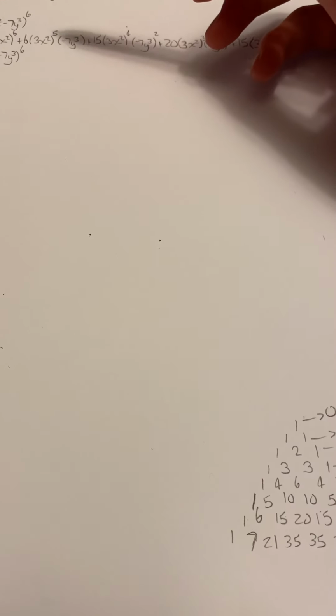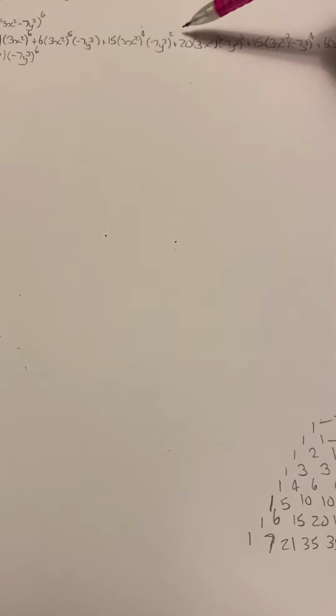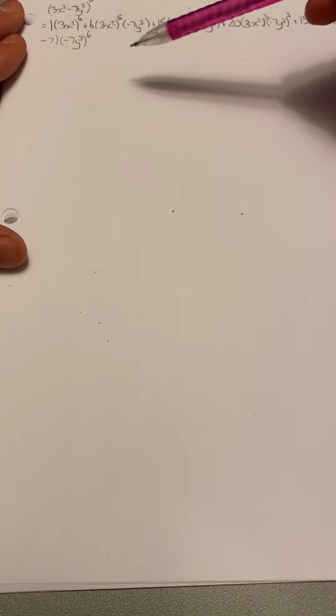And then y goes 0, 1, 2, 3, 4, 5, 6. And then in the next row, you start expanding.